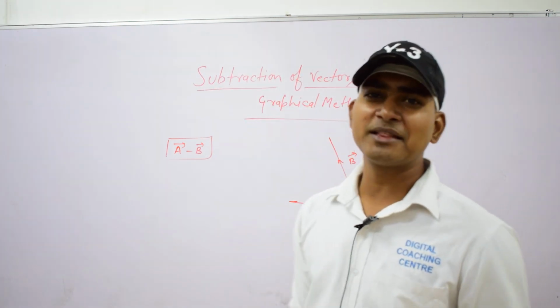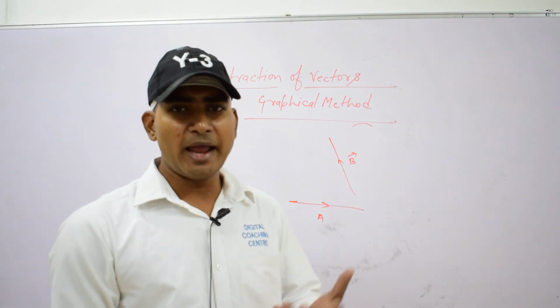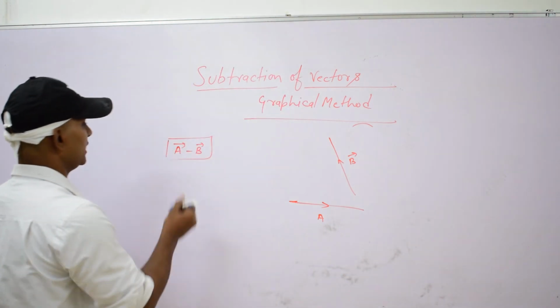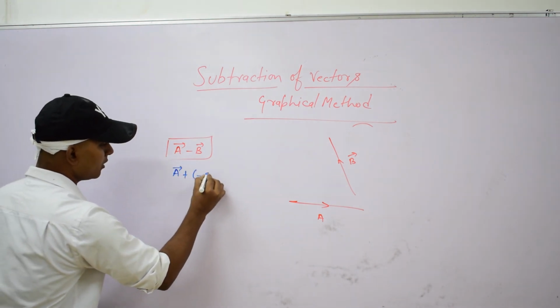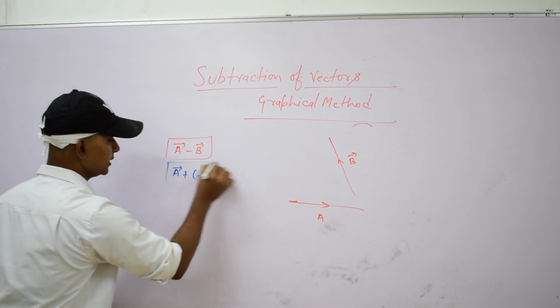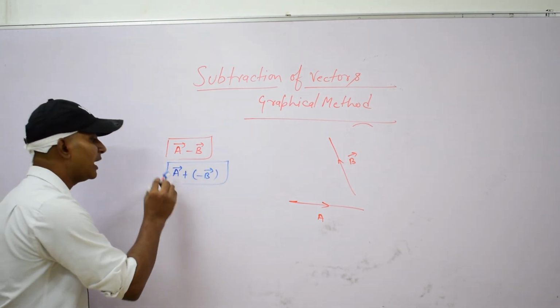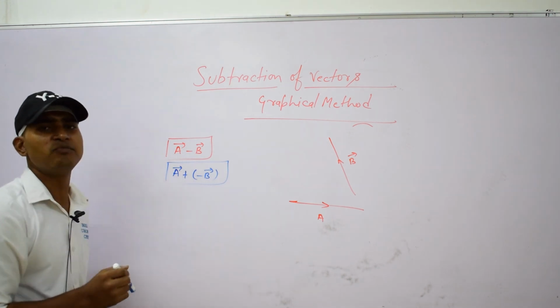From the graphical method only addition is possible. So how can we write addition in the form of this subtraction A minus B? I can write it as A plus of minus B. Like this I can write it. This means we have to add vector A and minus B vector.